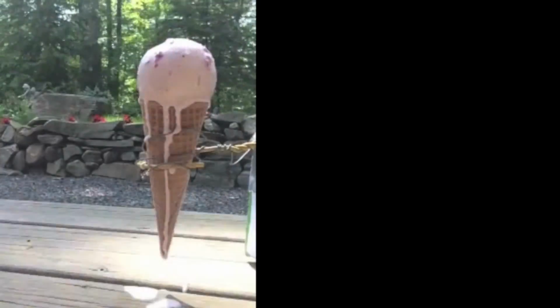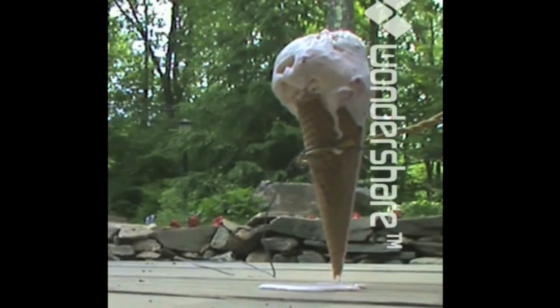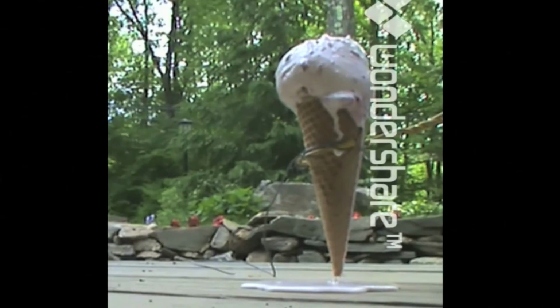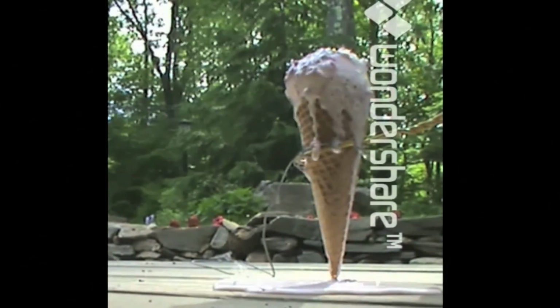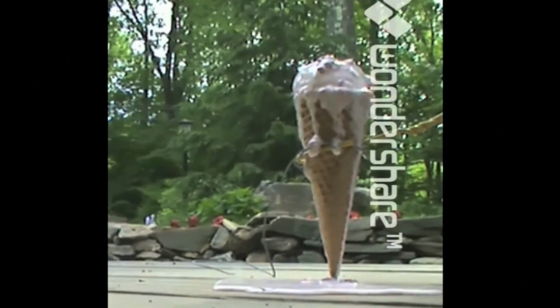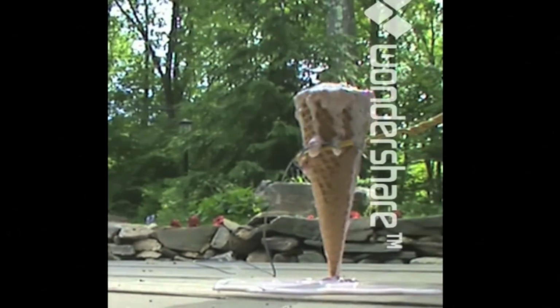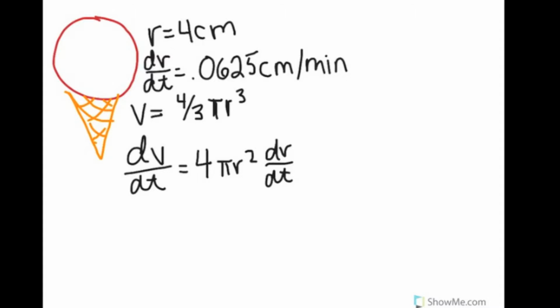Now, when you increase the radius and therefore the size of the ice cream sphere, dV/dt is drastically altered. Through experimentation, we found that after doubling the radius size from 2 centimeters to 4 centimeters, the time it took to melt also doubled. This fact proved that dr/dt is a constant. Because of this, the only change in the implicitly differentiated equation is the size of the radius.